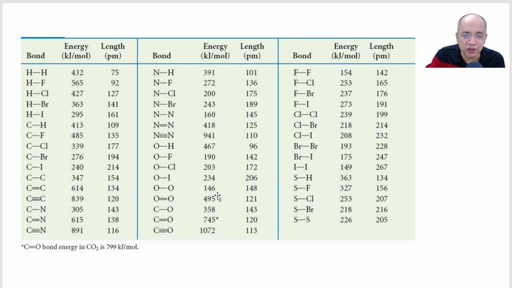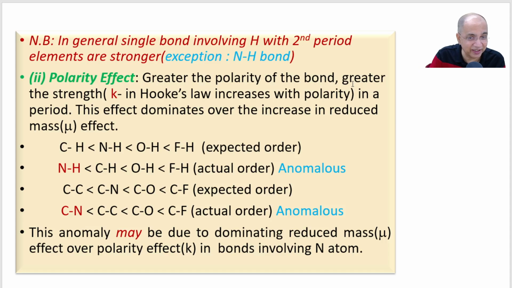You can have a look. OO is only 146, while FF is 154. 146 is less than 154, convincingly less.